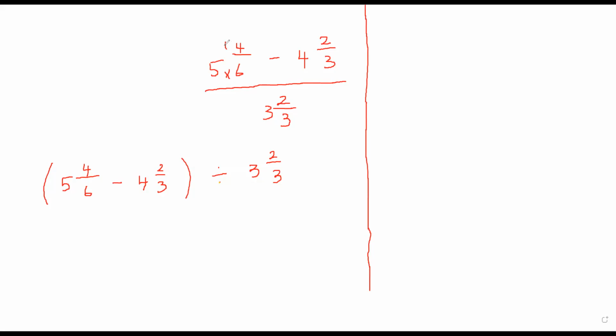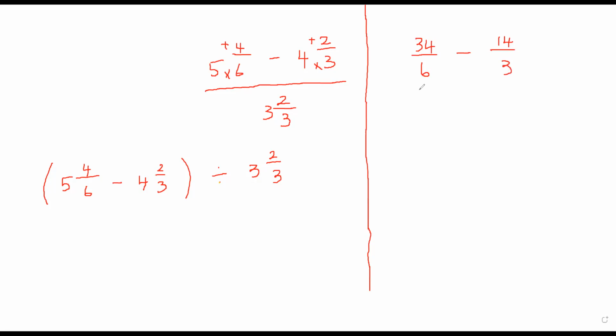We get 30 plus 4, which is 34, so it's going to be 34 upon 6. We do that with all the rest of them. The next one is 4 and 2 upon 3. 4 times 3 gives me 12, plus 2 gives me 14, so we say 14 upon 3.